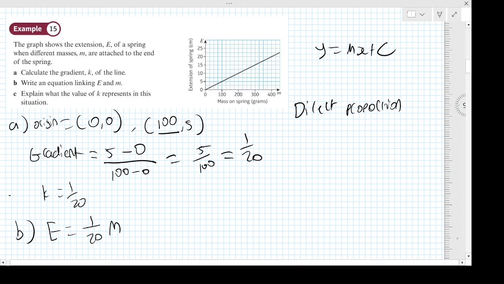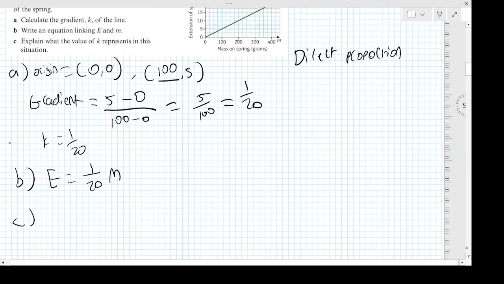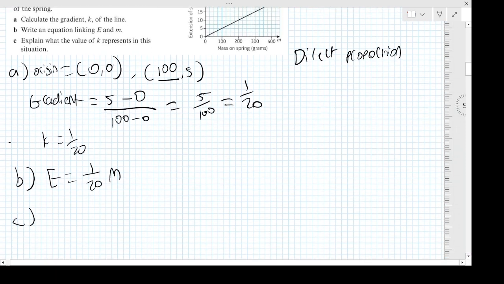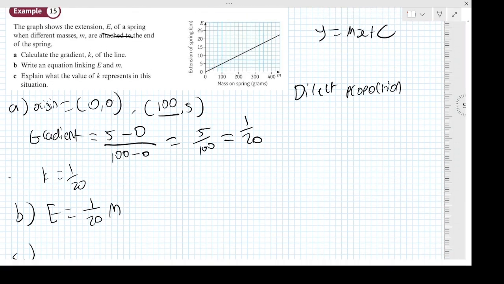So if you hook something onto a spring, that will pull it down, and how much the spring is pulled down is the extension, right? And that's to do with Hooke's law, but obviously you don't need to know that at this level. Anyway, even if you don't know anything that's going on, we can just use the sentence it gives us.